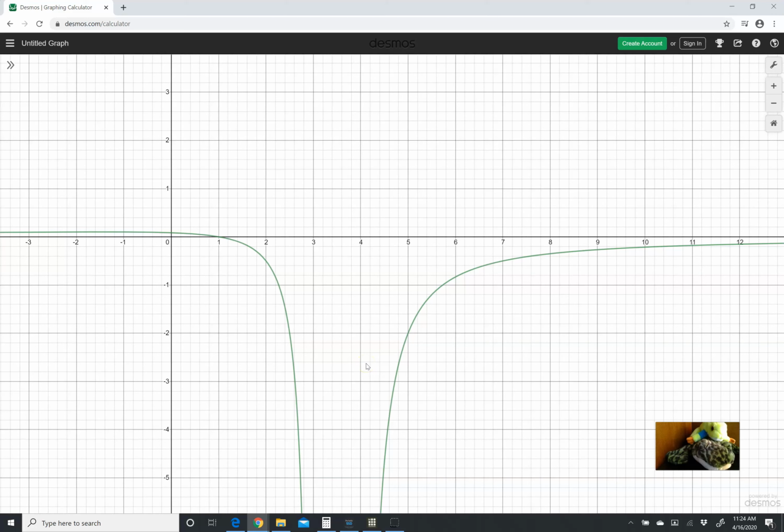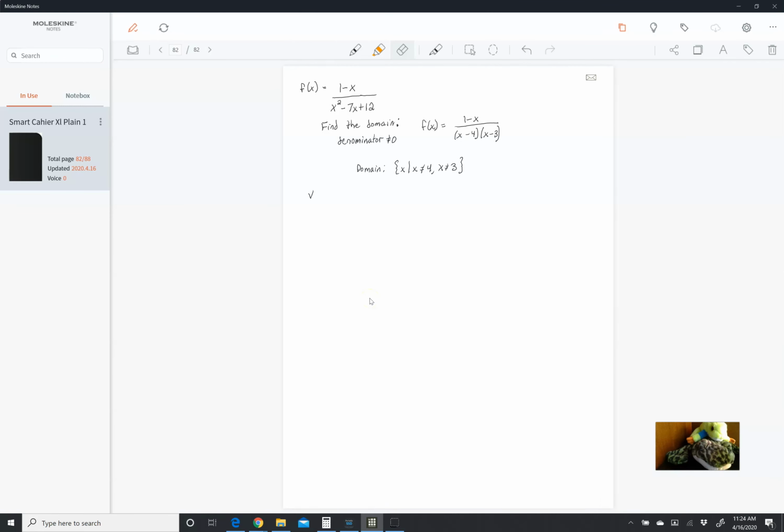Okay, so vertical asymptotes, and we're going to add a caveat to this, an exception.